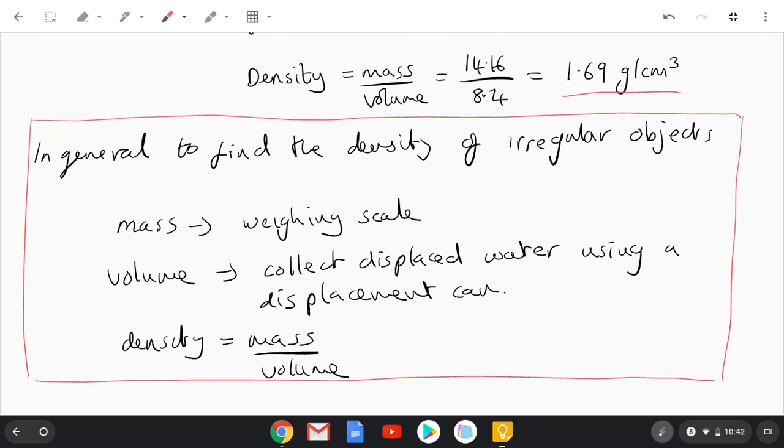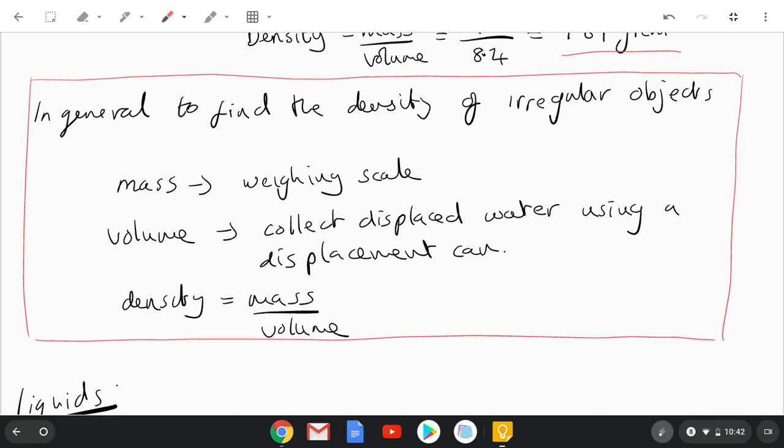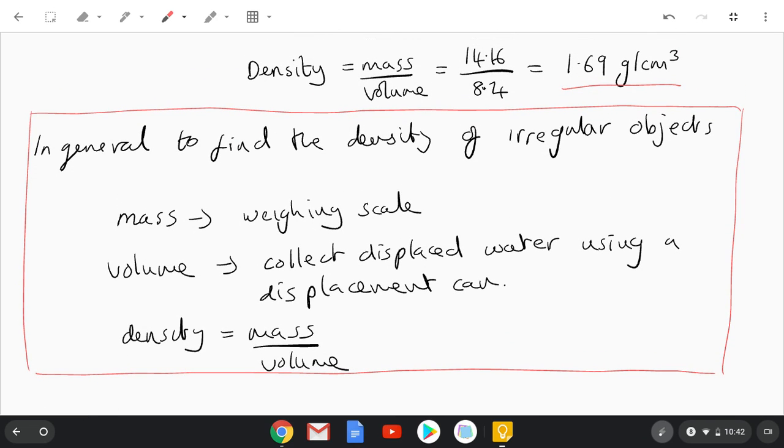How would we find the density of an irregular object? As you saw in the video, to get the mass, we put the plasticine on the weighing scale and found the mass. For the volume, we couldn't use length times width times height because there were no consistent dimensions.